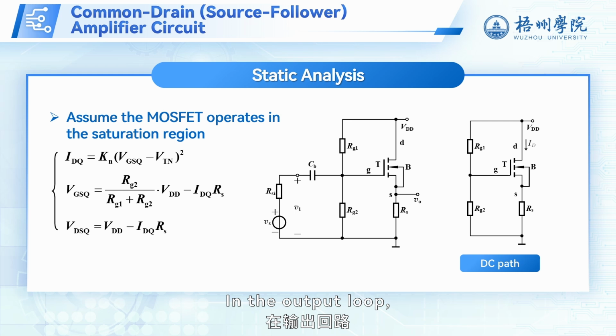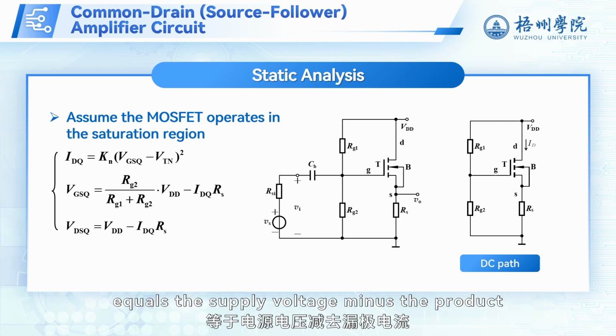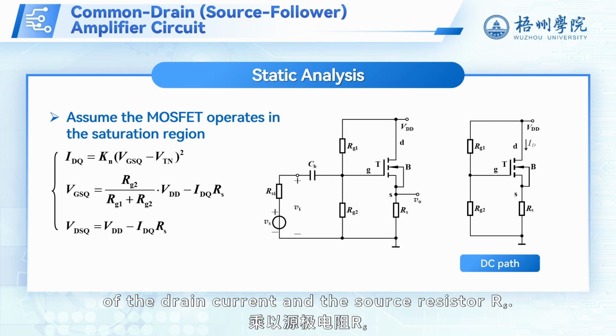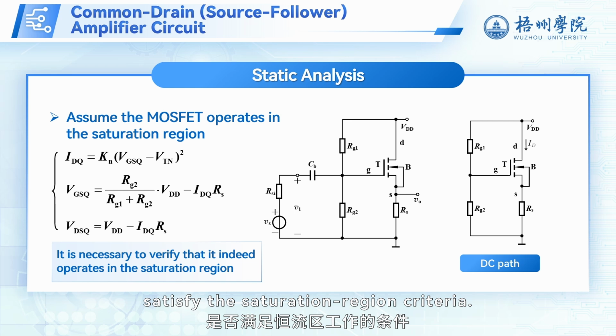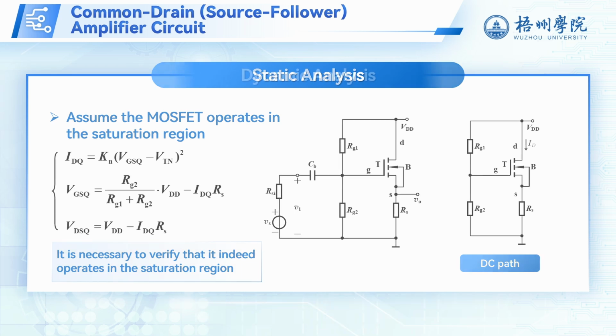In the output loop, the drain-to-source voltage V sub ds equals the supply voltage minus the product of the drain current and the source resistor R sub s. Finally, we must verify that the operating conditions satisfy the saturation region criteria.